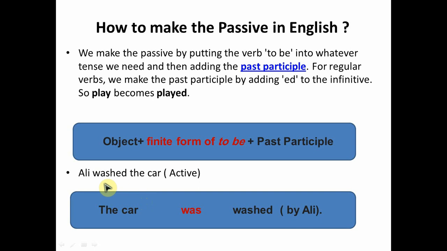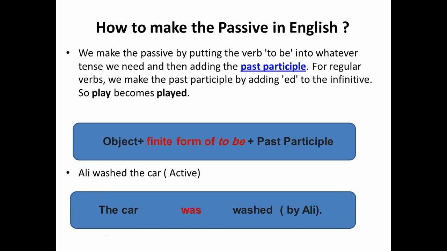The verb to be in the past becomes was or were. The car here is singular or plural? Excellent, it's singular. So I have to put was. So the car was. Number 5.